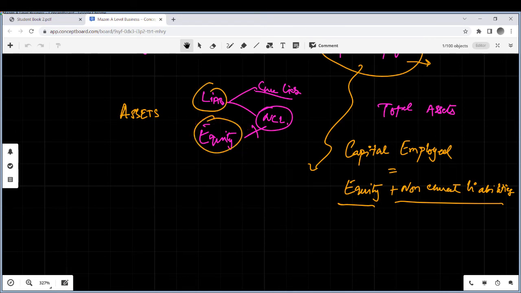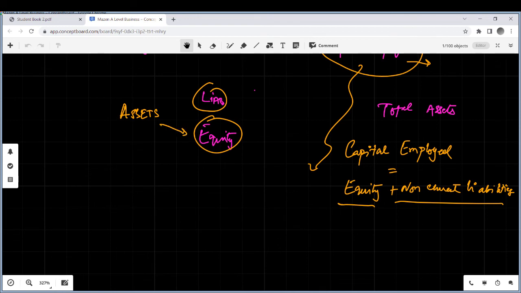Where does the money come from to purchase the assets of the business? They either borrow or they put in their own money. If they put in their own money, what is it called? Equity. Excellent. And if they borrow, it's called liability.